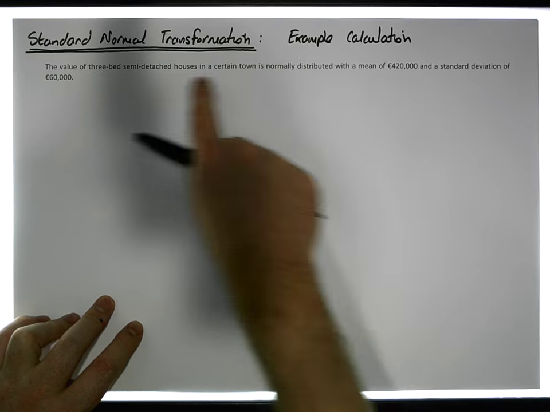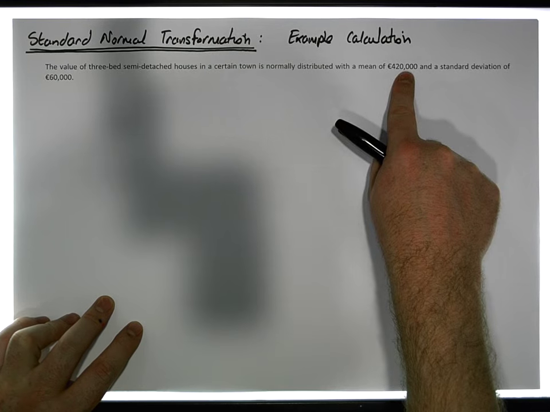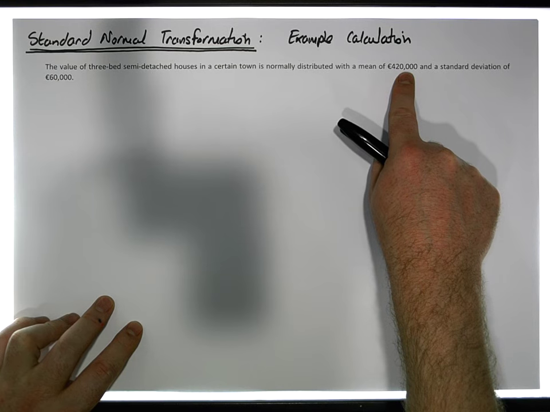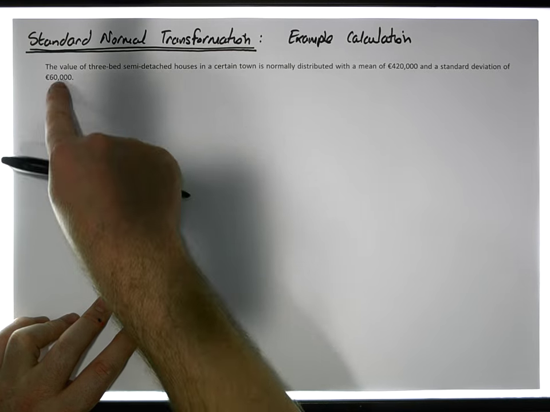But the characteristics of this particular population is that the mean price of houses is €420,000 with an associated standard deviation of €60,000.